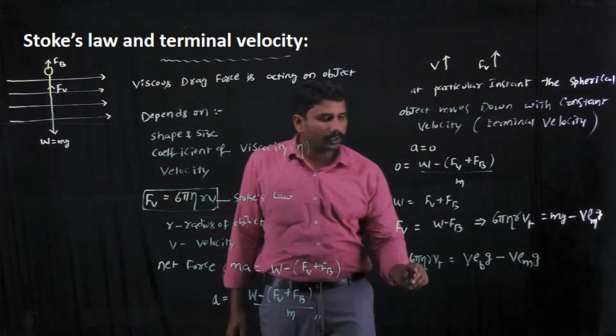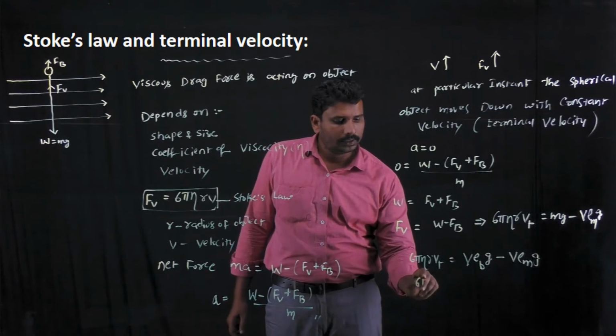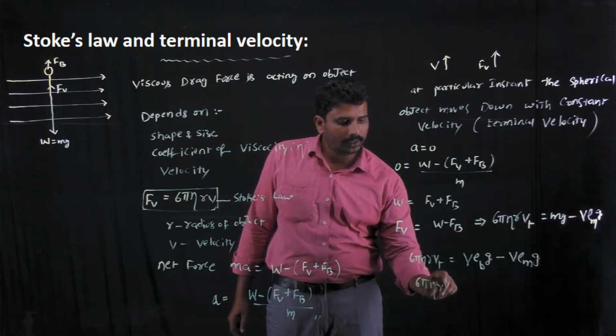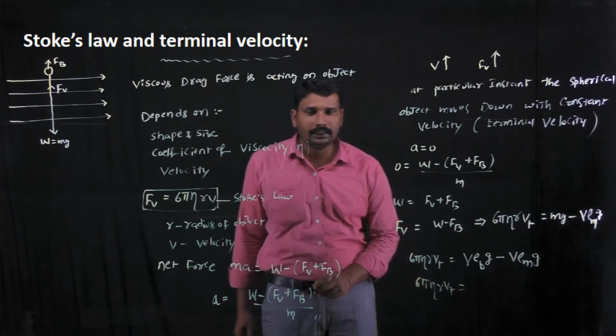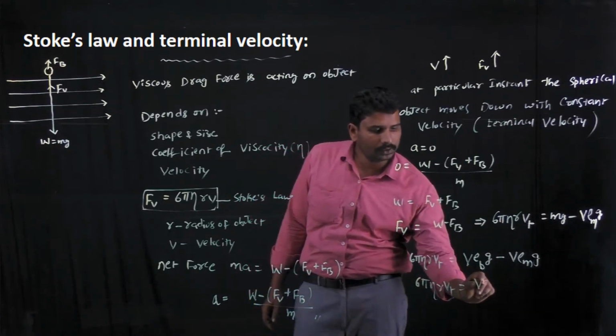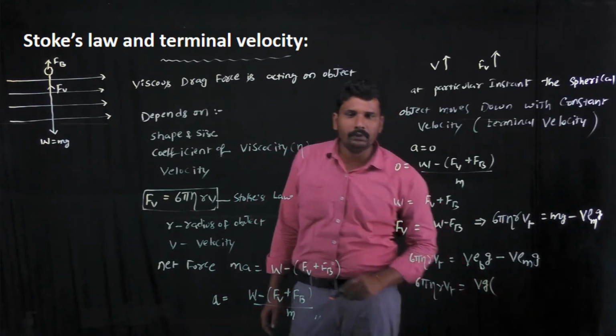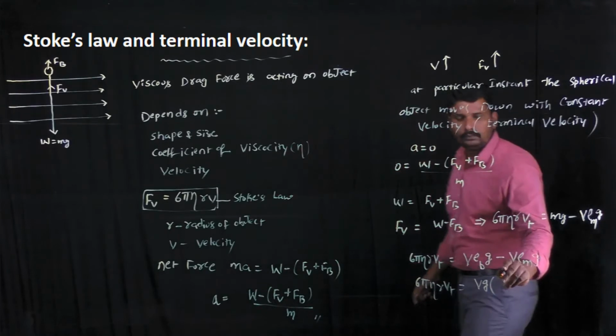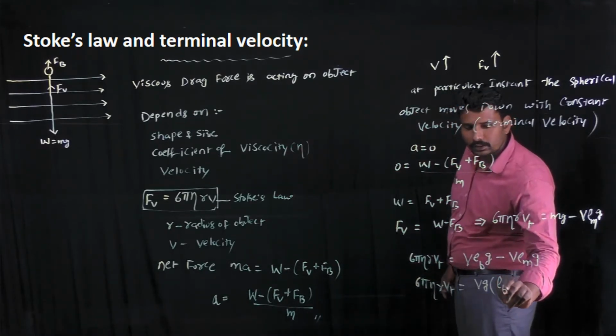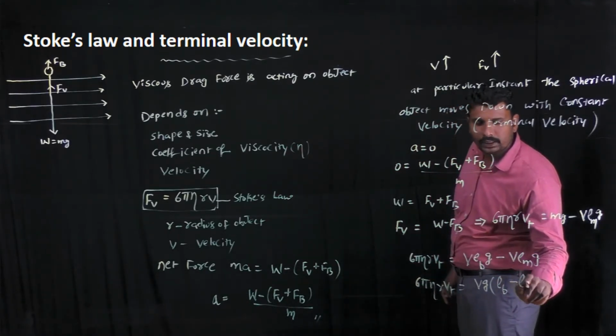And there is a common term on the RHS, it is Vg. By taking Vg common, it became density of the body minus density of the medium.